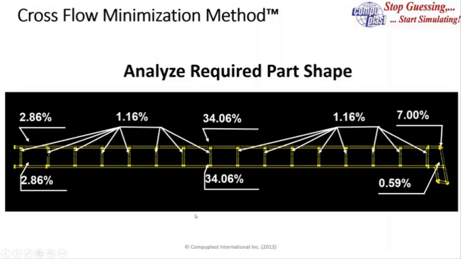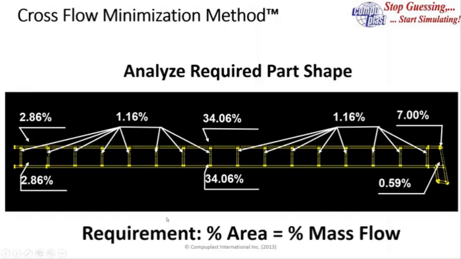And when we do that, we have the percentage area that each detail in the part represents. So for example, each one of these ribs represents 1.16% of the total area of the part. The lower and upper horizontal walls represent 34% of the total area of the part, and so on.